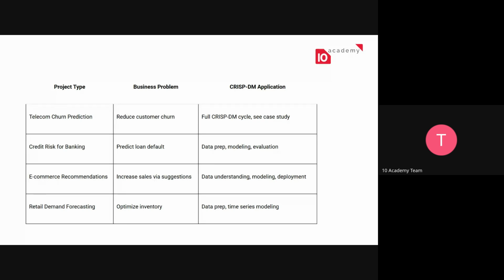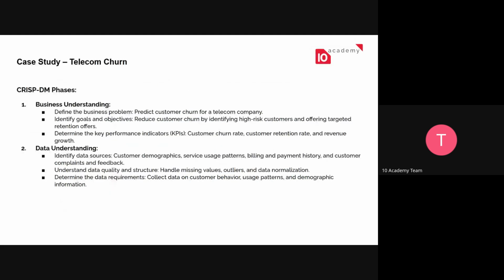In the application of CRISP-DM, we can apply data preparation and time series modeling. Based on time, you can predict that in specific months there will be this number of applications, and in the next months this number, okay? So there could be different types of project types. You need to identify the project problem like this, and you can apply CRISP-DM modeling.